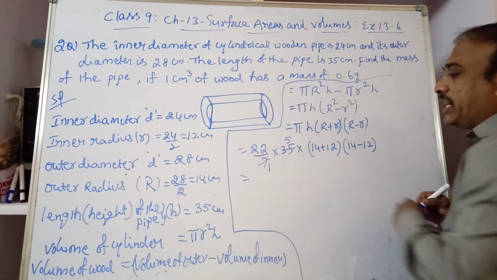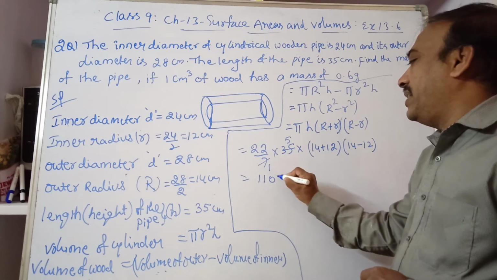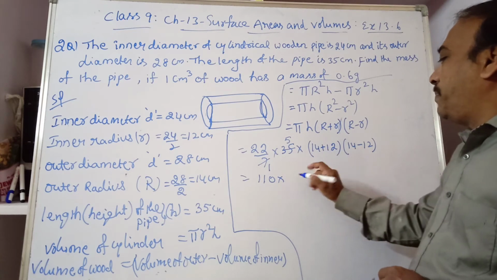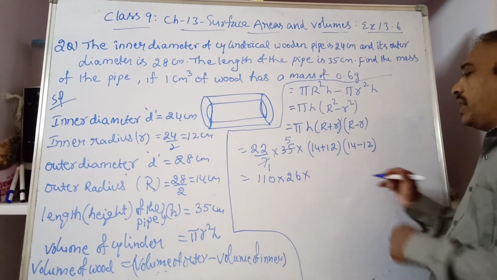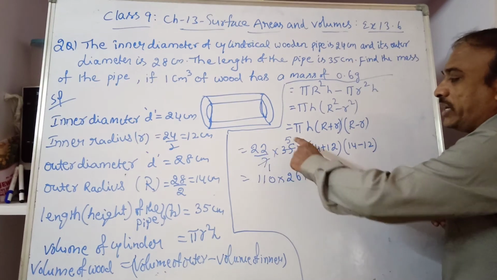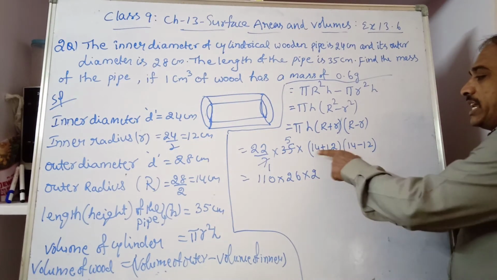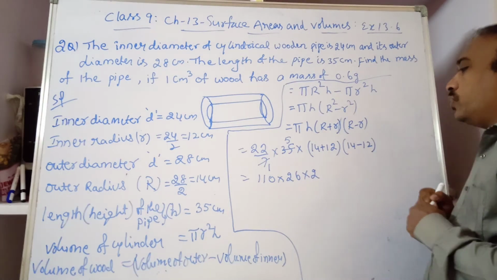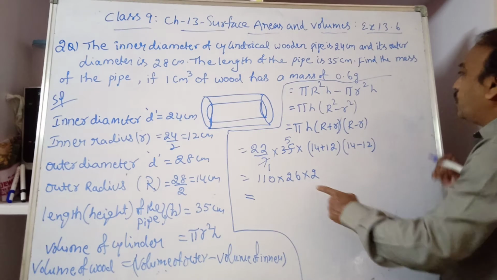Now 22 into 5 is 110, into 14 plus 12 which is 26, into 14 minus 12 which is 2. So 110 into 2 is 220.